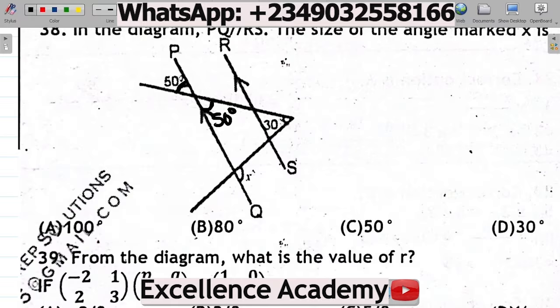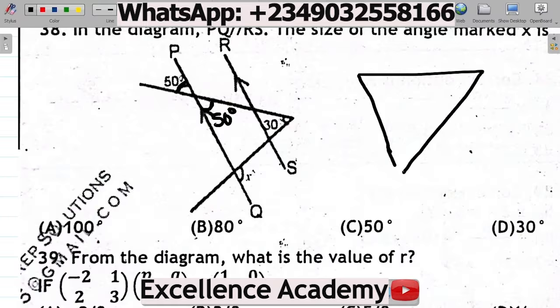Next up, looking at this clearly, you can find a triangle. You can see something that looks like this. We've gotten here as 50 degrees, using the concept of opposite angles. Here is 30 degrees. This is what they marked as x. Let's get this value here. Let's call this value y.